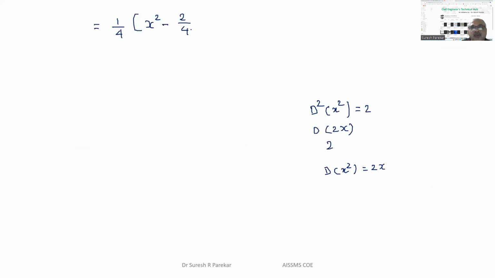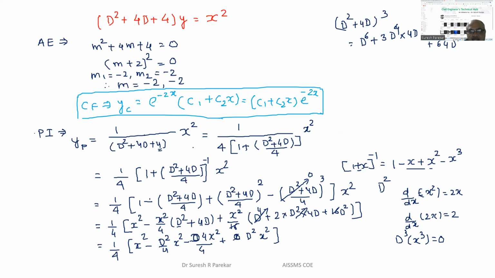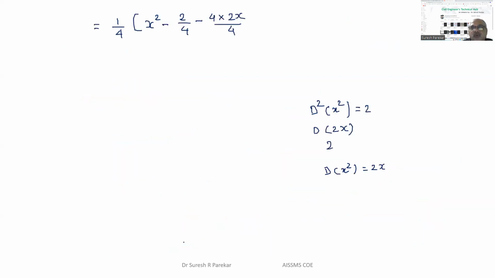So 4 into 2x, minus 4 into 2x upon 4. Or you can cancel this 4 over here. Now we have written it over there, so it's okay. Otherwise, you can cancel over here. And plus D square x square. We have seen this value as 2. So we have plus 2.